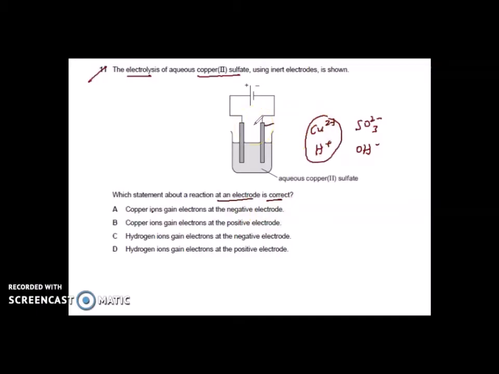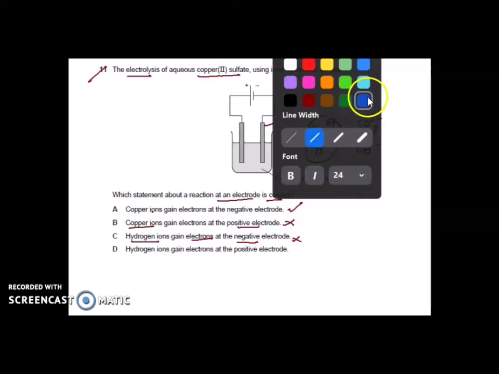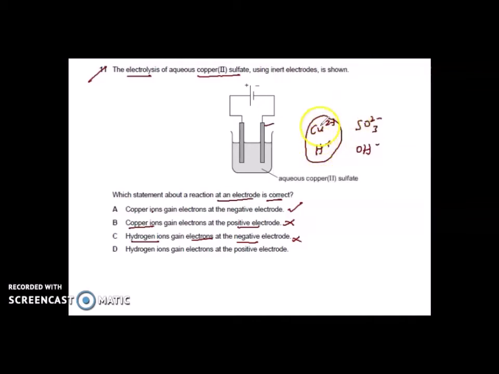Yes, of course, copper gains electrons. Yes, it is correct, but we look at the others. Positive going to the positive electrode is wrong. Hydrogen ion gains electron at the negative, no. Between copper and hydrogen, copper will be chosen because it is lower than hydrogen in the electrochemical series. So your answer here is A.